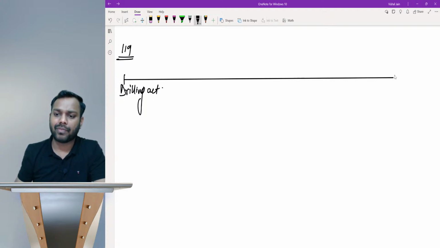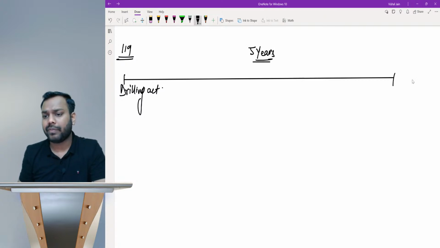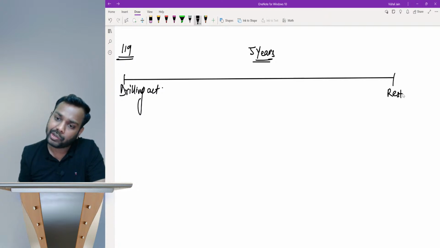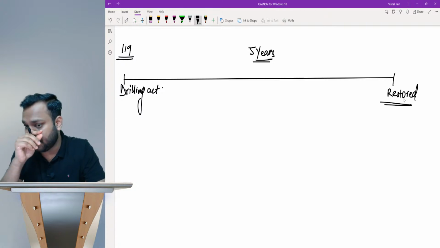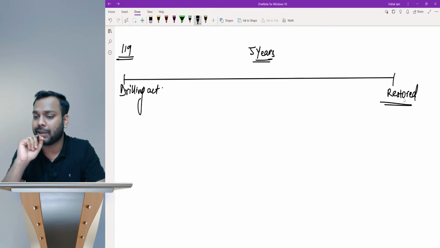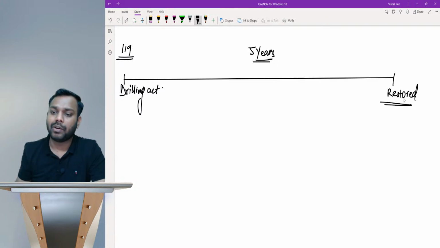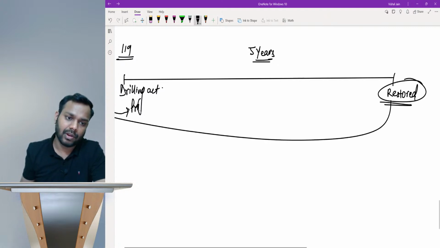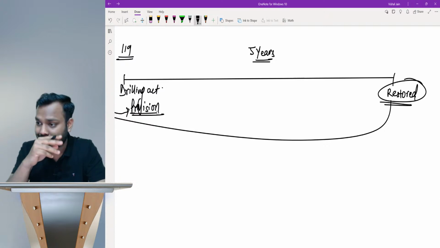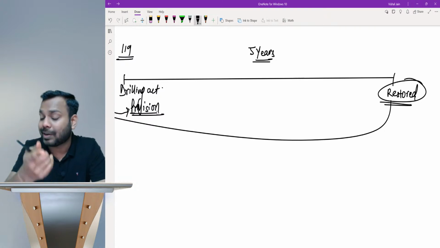This asset will have a life of 5 years. At the end of the life, this place will be restored. If the company has to restore this place, definitely it will incur certain cost, right? For which a provision will be required as of here. That is called provision for dismantling or removal cost, right? Which we capitalize with the asset also.